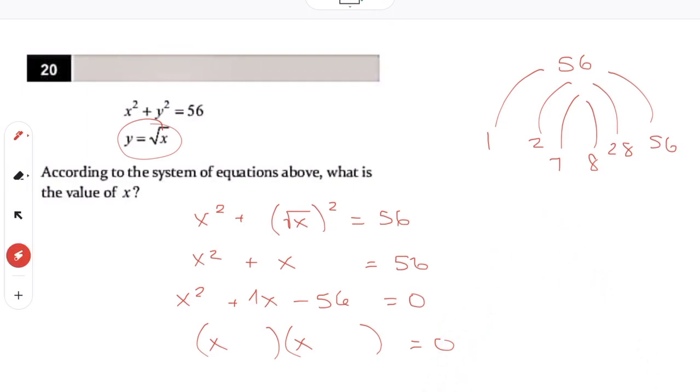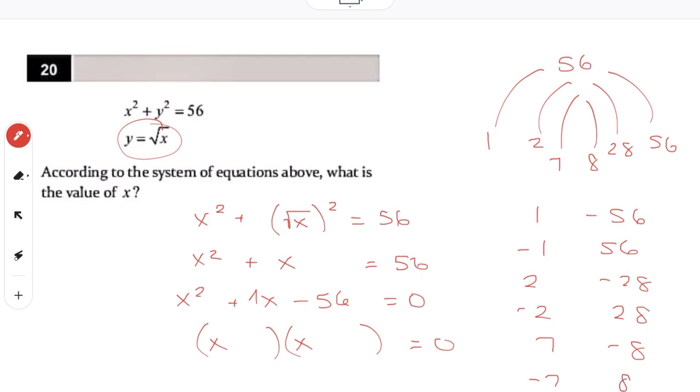So we know all these combinations will work. And we know that because it's supposed to be multiplied to be negative 56, one of them has to be negative. So basically we have a different amount of combinations here. We have 1 and negative 56, negative 1 and 56, 2 and negative 28, negative 2 and 28, 7 and negative 8, and negative 7 and 8.